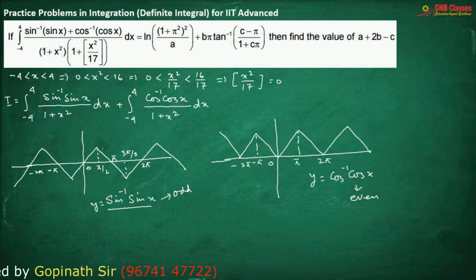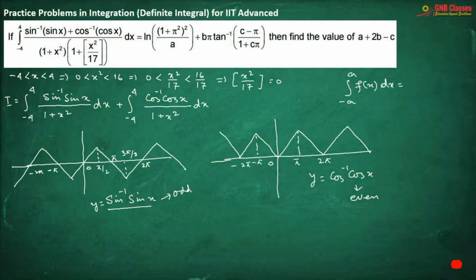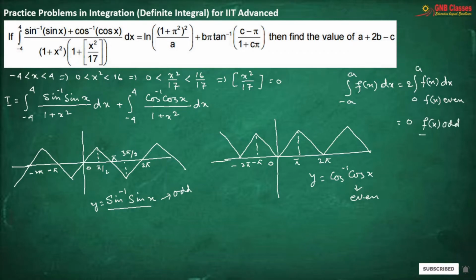Now we know from the basic properties of definite integral, the integral from −a to a of f(x) dx can be written as 2 times the integral from 0 to a of f(x) dx when f(x) is an even function, and equals 0 when f(x) is an odd function. Is it clear? So now the integral becomes, let me rub this portion.